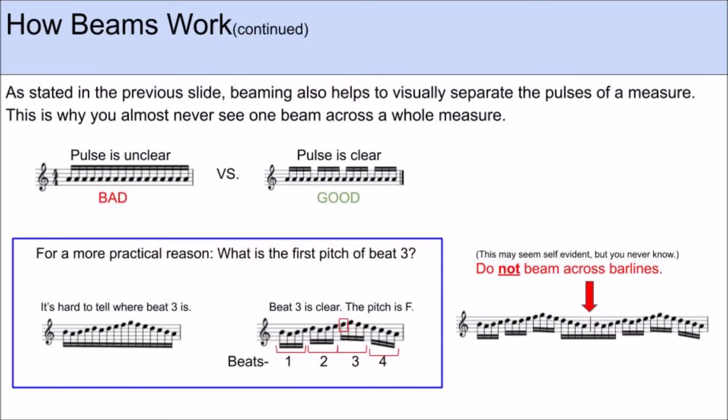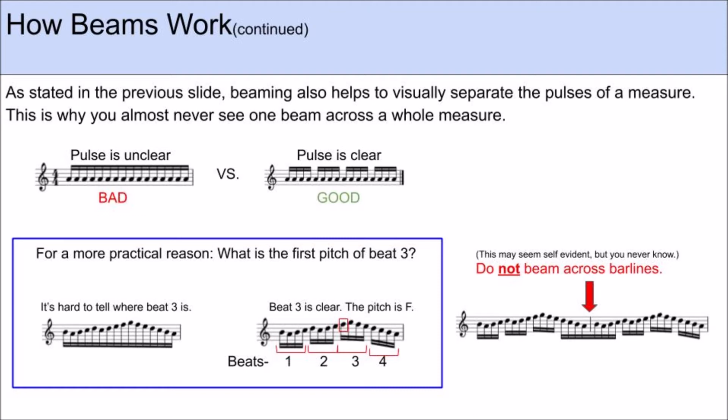Pictured in this slide are some examples of good and bad uses of beaming. In this first one, we have 16th notes, but every 16th note is beamed. We do not do this. 16th notes and 8th notes are generally only beamed within the pulse that they fit into.